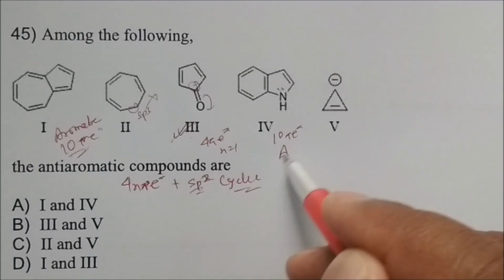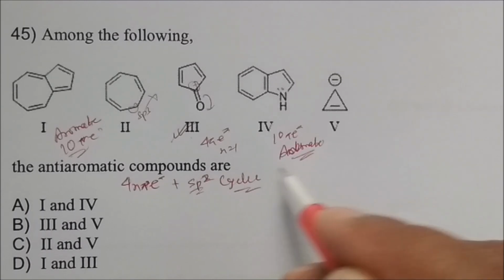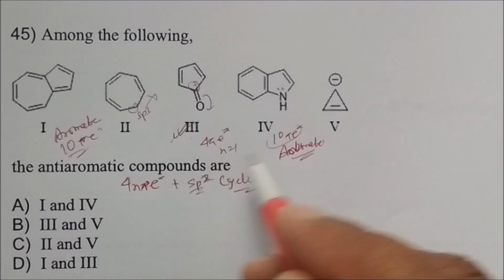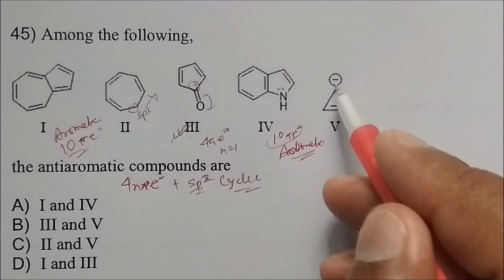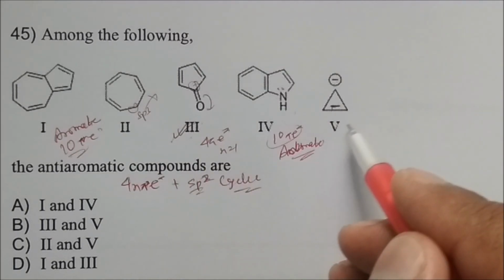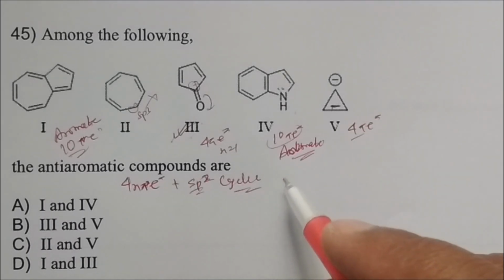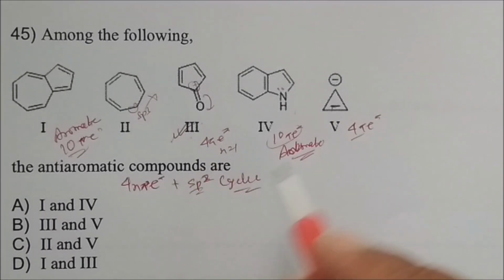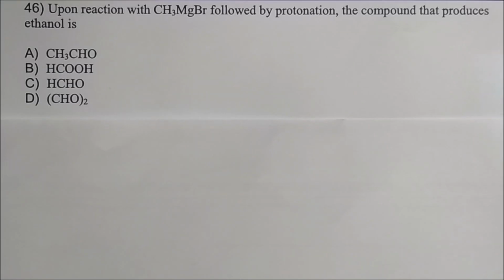Sorry, this will be an aromatic compound because of 10 pi electrons. So aromatic is 1 and 4. 3 is anti-aromatic. In case of 5, there is 1 pi bond and 1 is this electron pair. So definitely this will be your 4 pi electrons. This will also be anti-aromatic. So out of these, 3 and 5 are anti-aromatic. So our answer is B.